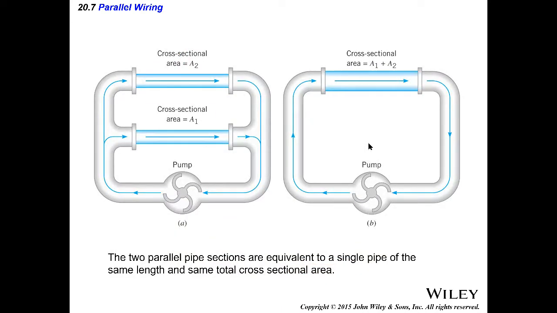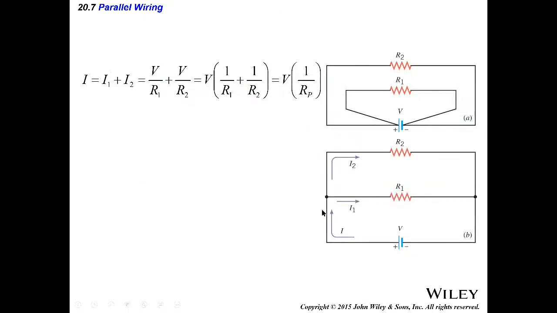This is just to give an analogy in terms of the pipe in the language of 203, but we already can see the analogy, and I want to come to the math aspect of it. You remember we said the current is split. It is I equals I1 plus I2, but I1 is V over R1, I2 is V over R2, and it's the same V. Therefore, the total current I is V times 1 over R1 plus 1 over R2.